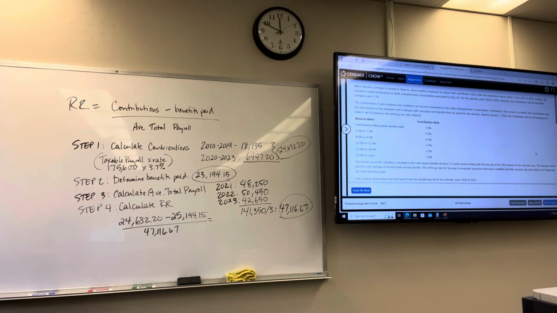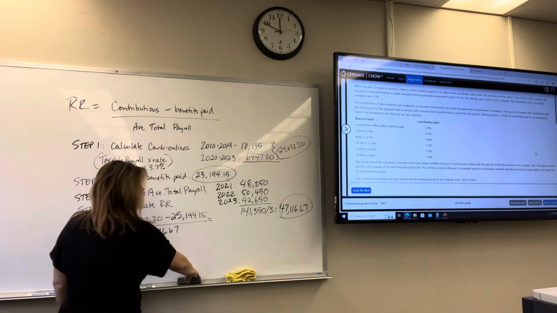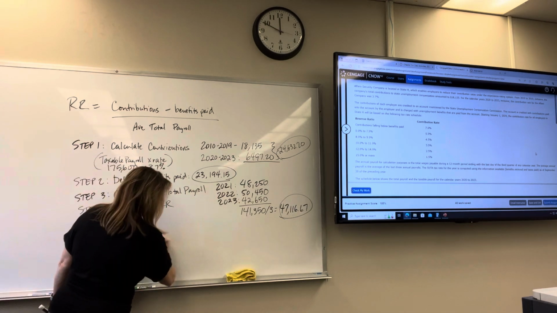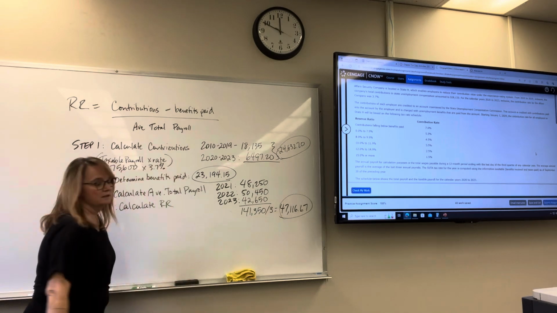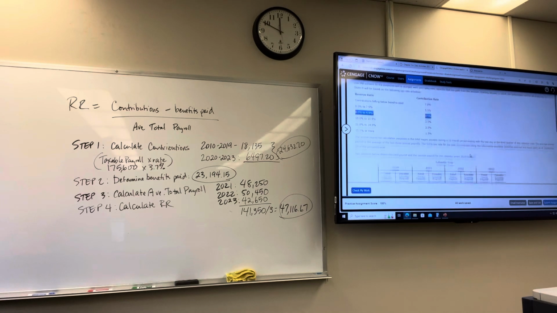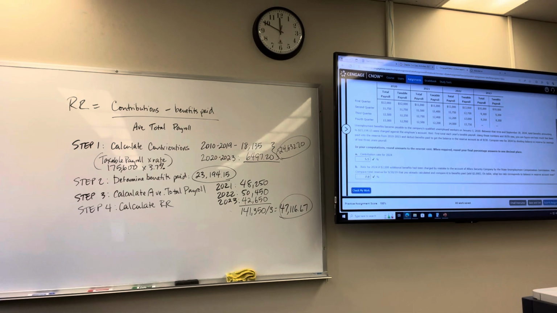All right, so let's see how much, just for fun, because math is fun. Let's say we want to get to 8% so that we can get our contribution rate down to 4.5%. How much additional in contributions do we need to make?